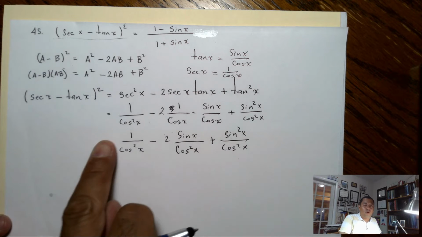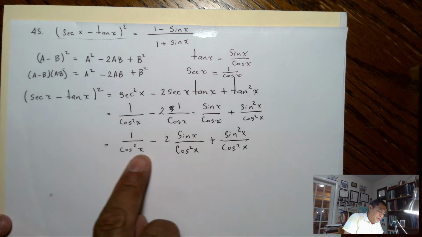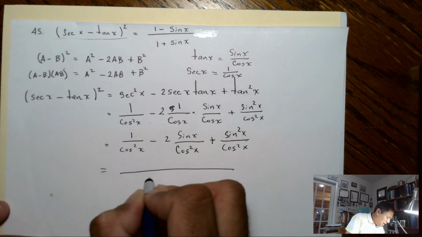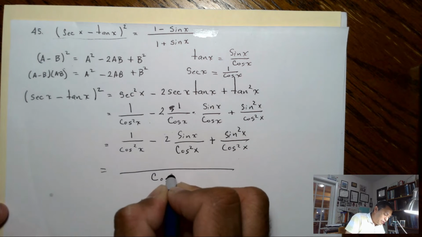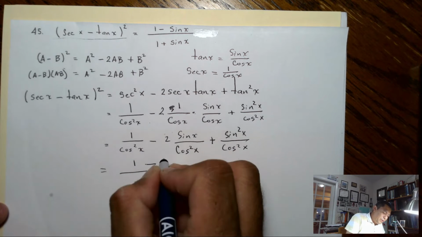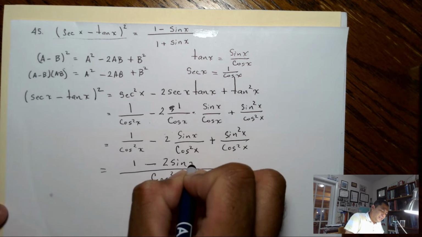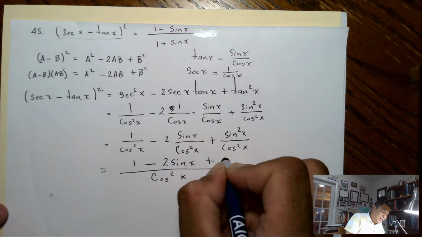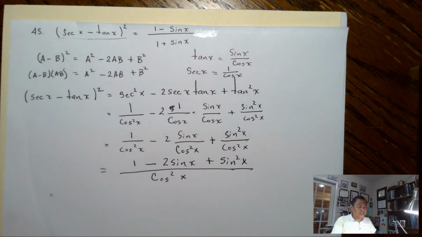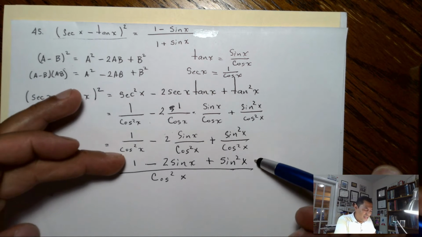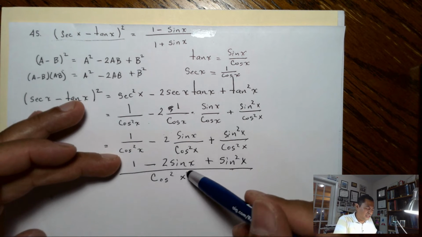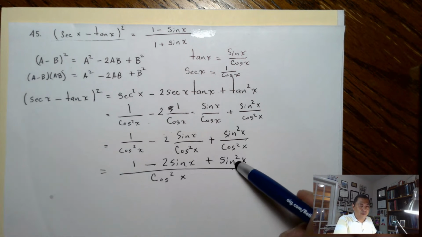Now let's put all this together. The denominator is the same, so I'm going to have cosine squared of x, and in the numerator 1 minus 2 sine of x plus sine squared of x. Now let's look at this situation here: 1 minus 2 sine x plus sine squared of x.